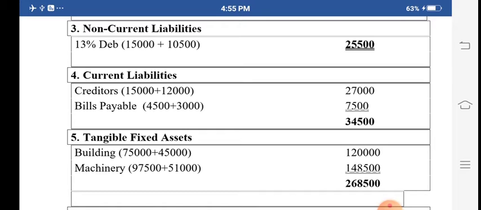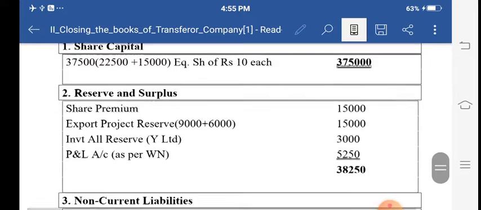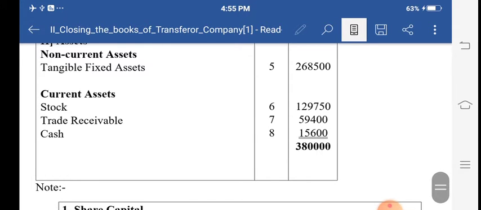The total is 1,20,000. Related to the machinery, X Limited is 97,500 plus 51,000 for Y Limited. The total is 1,48,500. So this 1,48,500 plus 1,20,000, the total is 2,68,500.